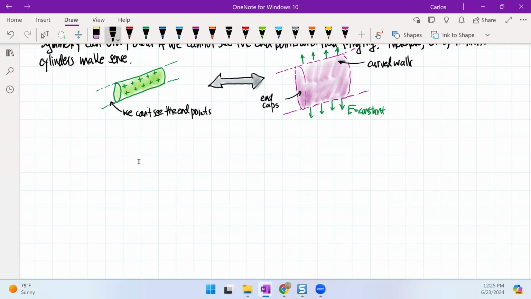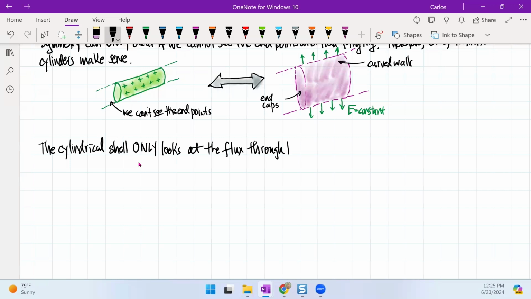Okay, so the cylindrical surface, maybe, let me be careful here. The cylindrical shell only looks at the flux through the curved walls of the cylinder.